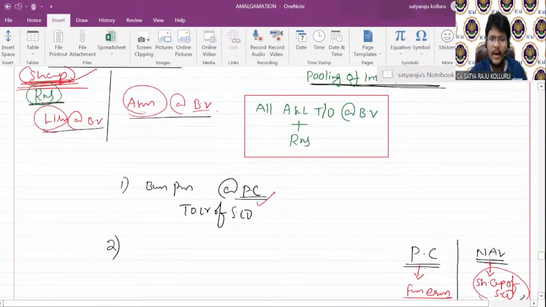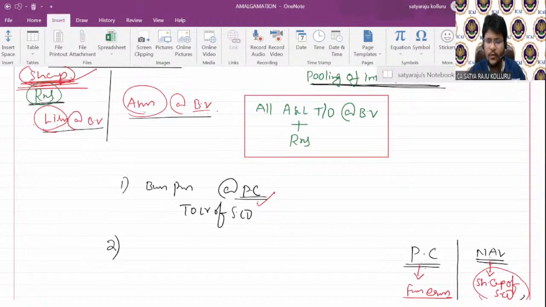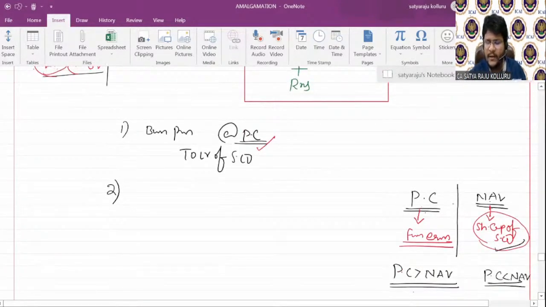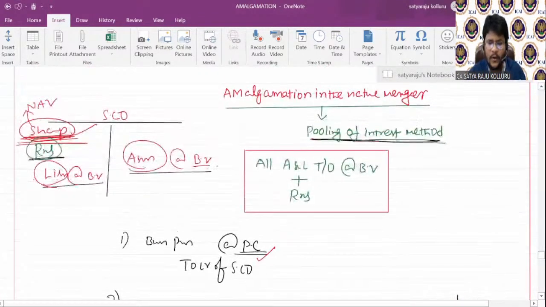But at the time of incorporation of assets and liabilities, you need to compare purchase consideration with net asset value of the business taken over. Purchase consideration we will calculate from our end by applying a suitable method. What about net asset value of the business taken over?